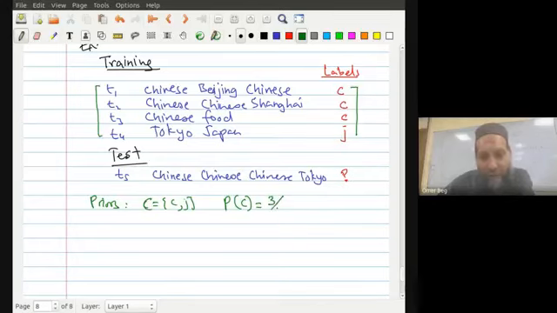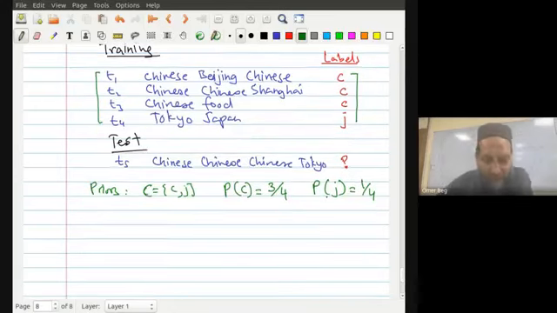So 3 over 4 is the prior for Chinese, and the prior for the Japanese class is one example out of the 4 in the training set. So these are our priors. Now getting on to the conditional probabilities, what we need are the probabilities for all the words that exist in our test set. Essentially, we can calculate the probabilities of all words.